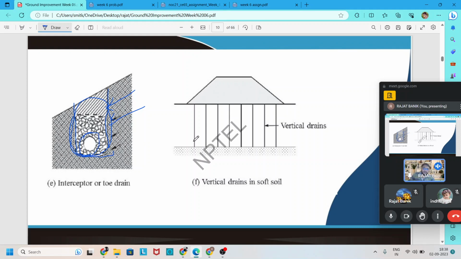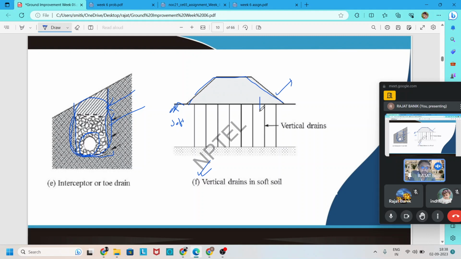We already discussed the vertical drain in the previous slide. Here a pictorial arrangement is given. This is the ground surface, and here some soft clay is present, which is very soft in strength. To strengthen the soil, an arrangement is made to consolidate the soil. A preload is given.